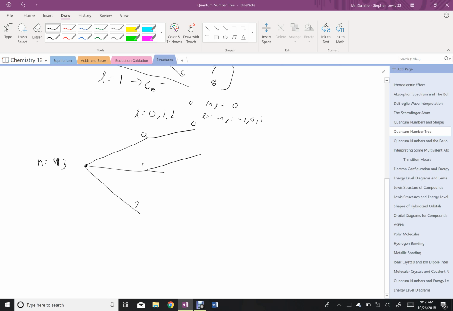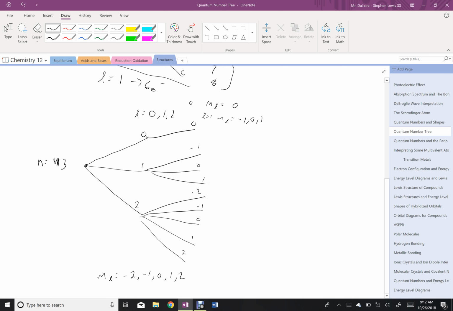So that can break up into three branches. And for my L equals 2, my ML can break up into five values: negative 2, negative 1, 0, 1, and 2.